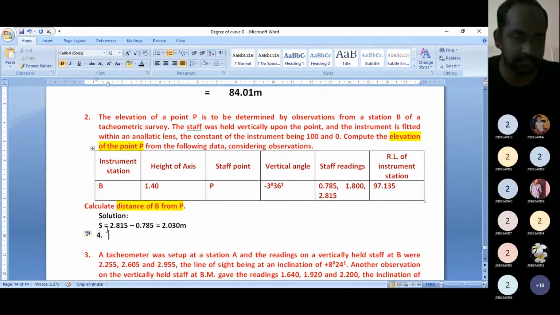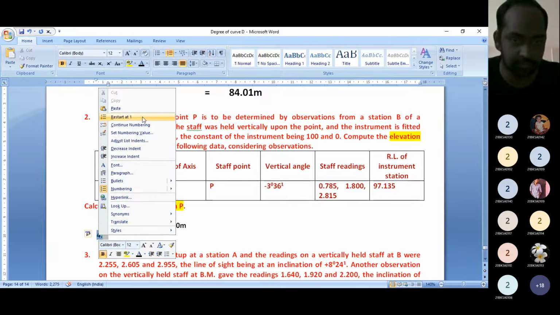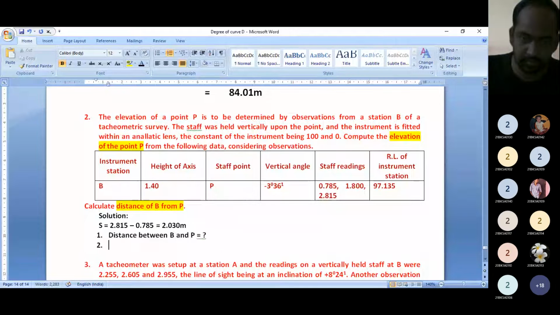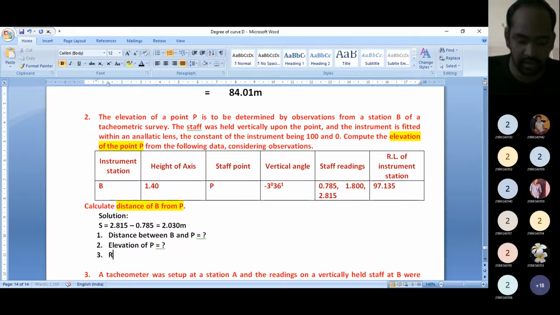One is the distance between B and P. Next one is the elevation of P. Next one is the RL of P. These three things we have to calculate here.